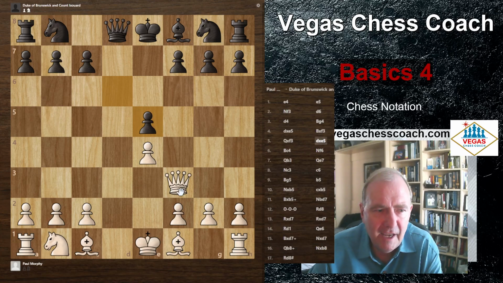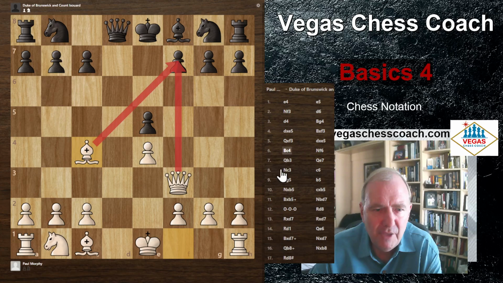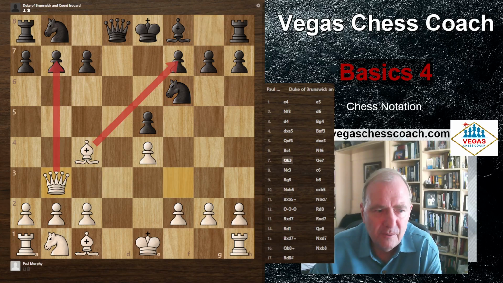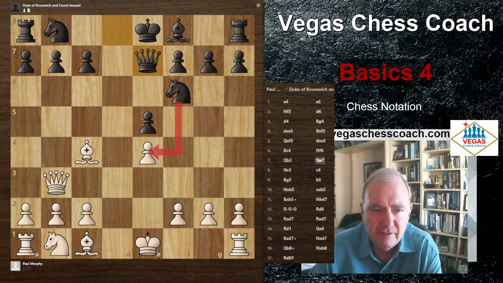Now the pawn takes from D6, E5, so D takes E5 is the move. The bishop comes out to C4, so B to C4 is the move here. Knight to F6, queen to B3, queen to E7, and you can follow the notations here.